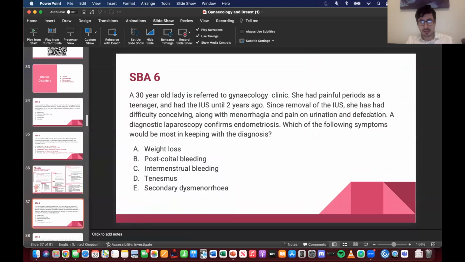We can move on to the next SBA, and this is considering a second very high yield condition in gynecology. I'm going to start the poll. I'll stop the poll when I get 2 answers.